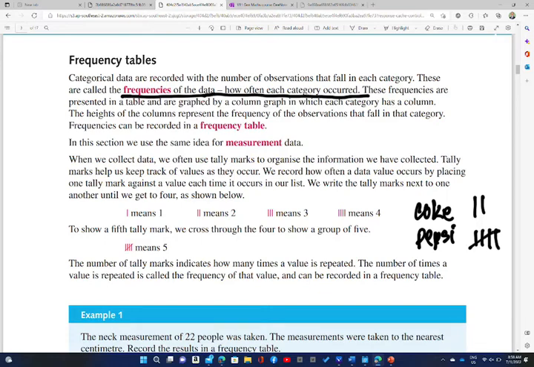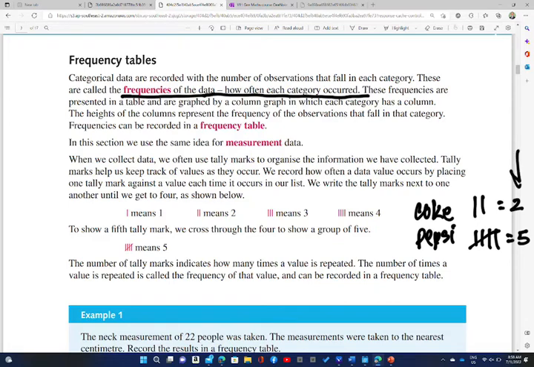You do a little diagonal line to hold it together so that you can count them easier in 5s. So a tally is a very important part of a frequency table. Each individual thing in that category gets 1 tally mark. After you do that, you're going to add them up. So in this case, the frequency for Coke would be 2. The frequency for Pepsi would be 5.